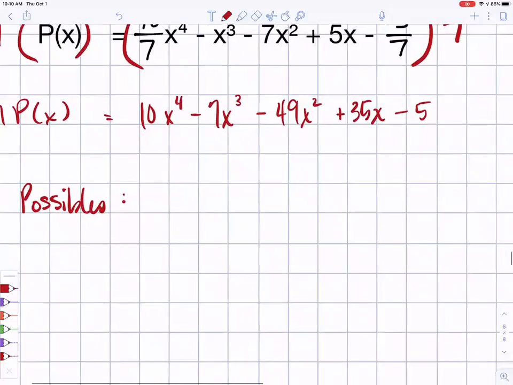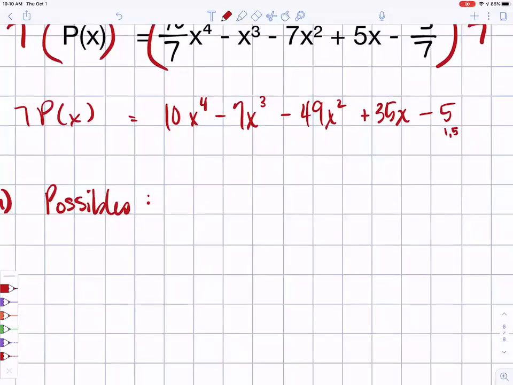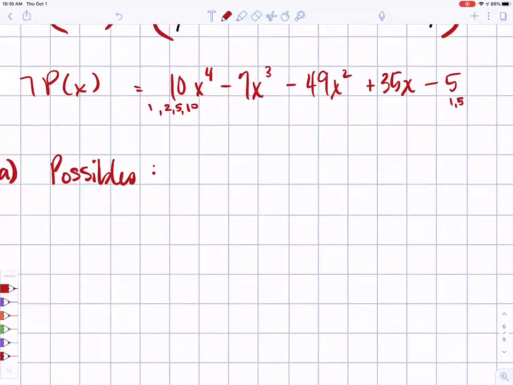What are all the factors of the constant? Oh, I'll deal with the plus or minus in a minute. So 1 times 5, right? 1 times 5. What are the factors of the leading coefficient? Okay, 5 times 2 and 1 times 10. All right? Now, remember the factors of the constant are going to go on top, the 1 and the 5. The factors of the leading coefficient down on bottom, 1, 2, 5, and 10.